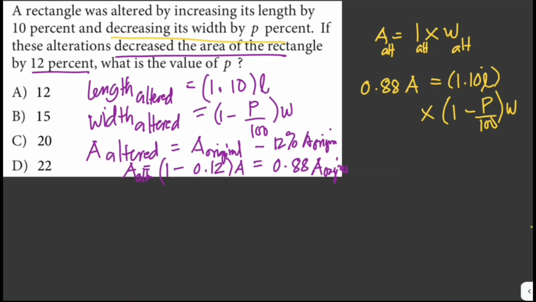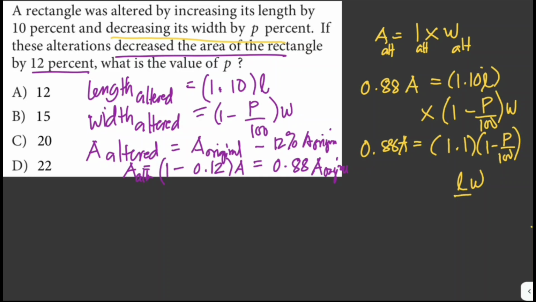And since the area is just equal to length times width, or L times W, we can write this expression here as 0.88 A equals 1.1 times 1 minus P over 100 times LW.